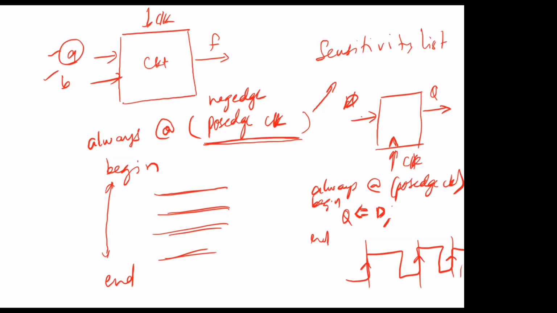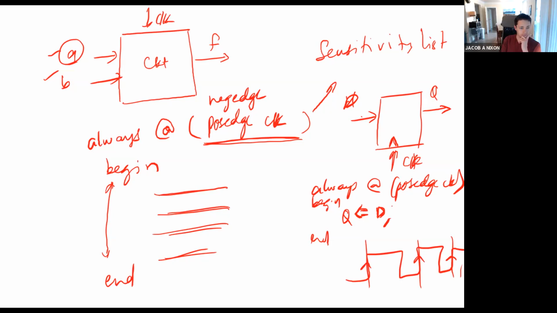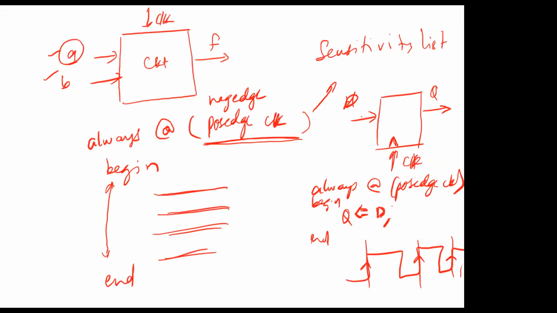Do you guys understand what's happening in general in always blocks and things? Yeah. Okay. So what we'll do is we'll understand different mechanisms of always blocks or statements that we'll be using for this lab.